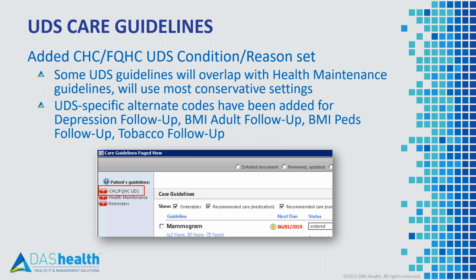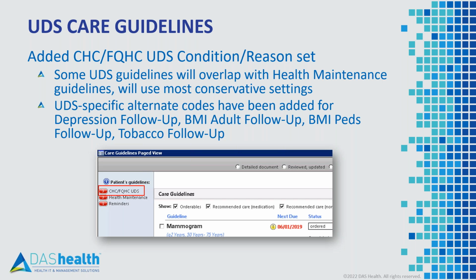And then the last feature, again, this is a change that would come with an upgrade to the 6/2021.1 release, is some additional functionality regarding UDS and care guidelines. So a new UDS care guideline, labeled CHC/FQHC UDS condition, has been added.